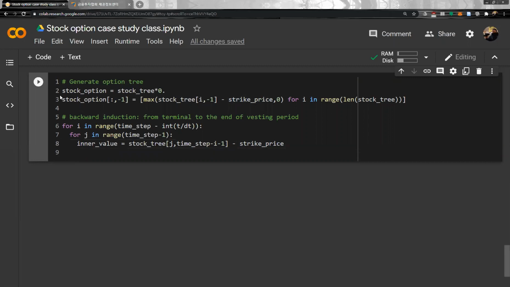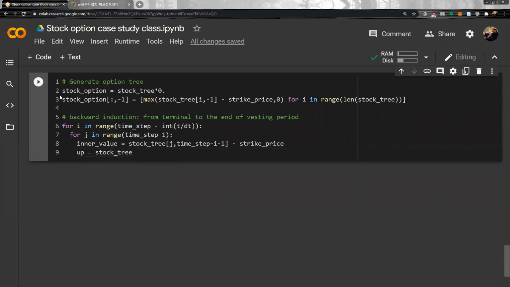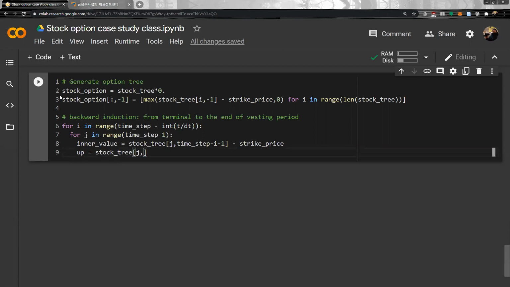Now we have to find the up movement case, what would happen if the stock price goes up. The stock price up movement is stock tree, and then the up movement is basically the same line, but next period. So we don't have a minus 1 over here, minus I. We don't have minus 1 because it is the next period.